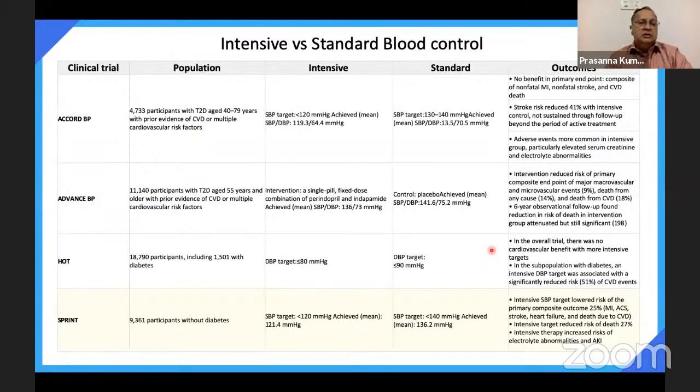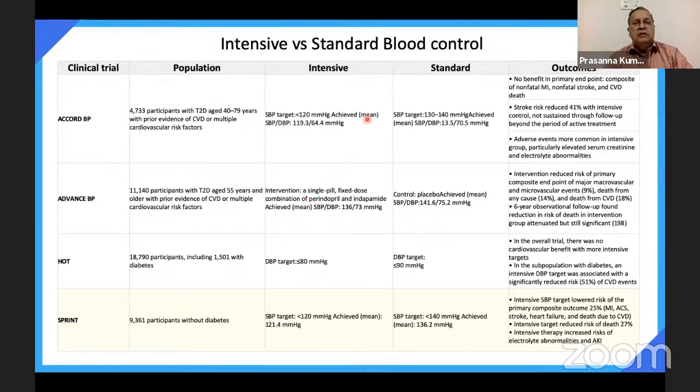There are many studies like the ACCORD BP trial, ADVANCE blood pressure trial, HEART trial, SPRINT trial. These had different populations varying from 4,733 patients to the HEART trial with 18,790 patients, including 1,500 diabetics, and age group between 40 to 75.